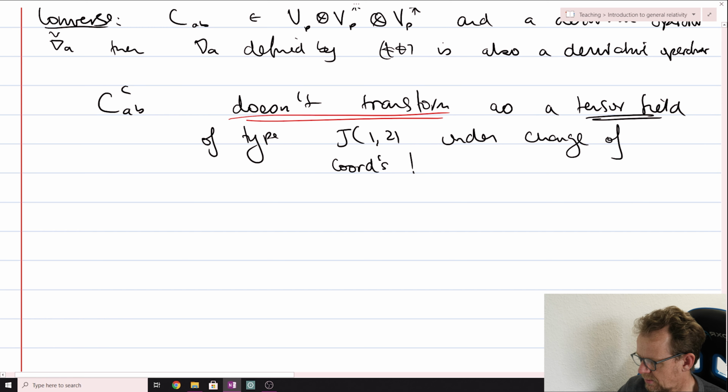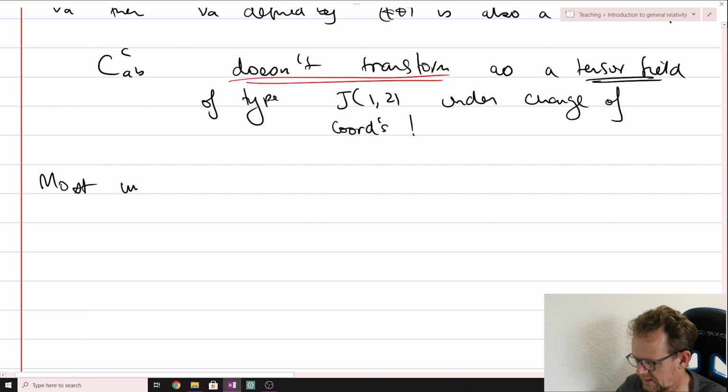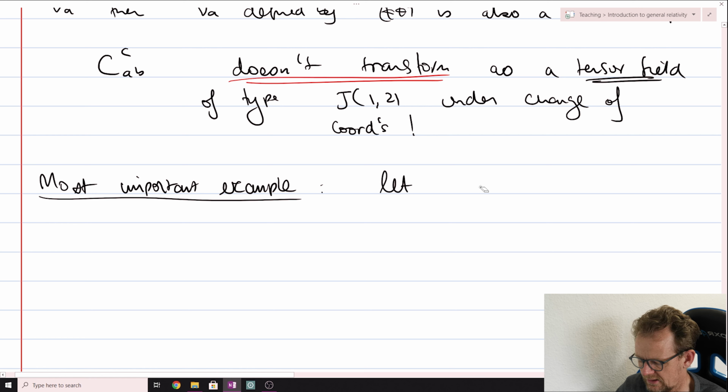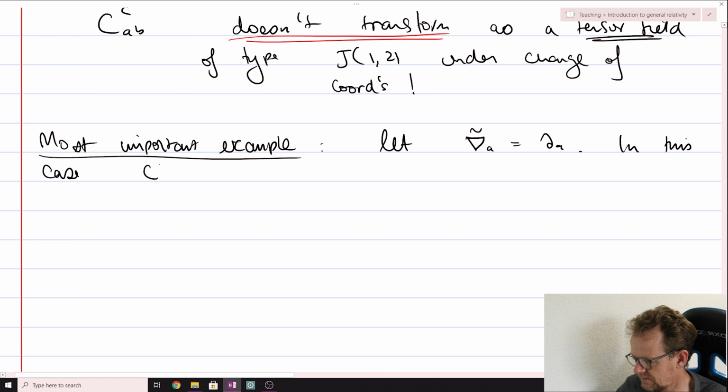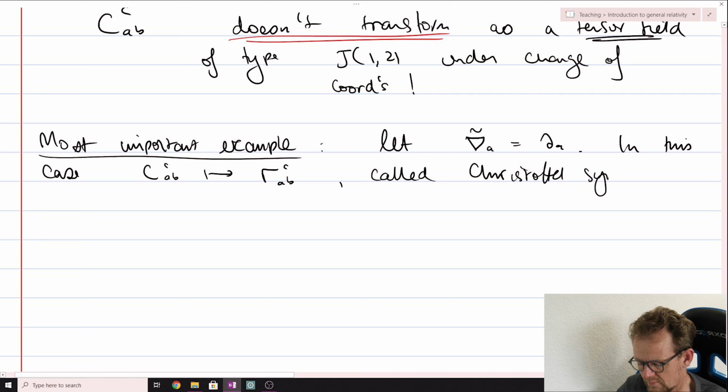All right, there's a very important example of the application of these observations, namely when delta A twiddle is the ordinary derivative operator that I introduced above. So in this case, we just use a different notation. And for these C coefficients functions, we call them Christoffel symbols.